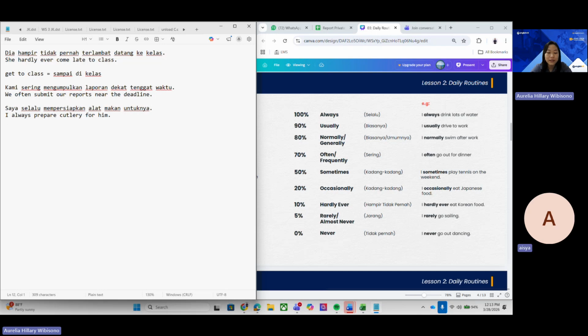And then the last one. Jane and I hampir tidak, tidak pernah.